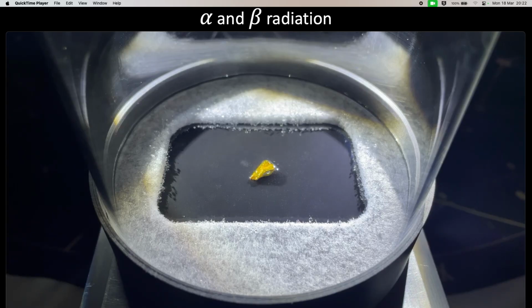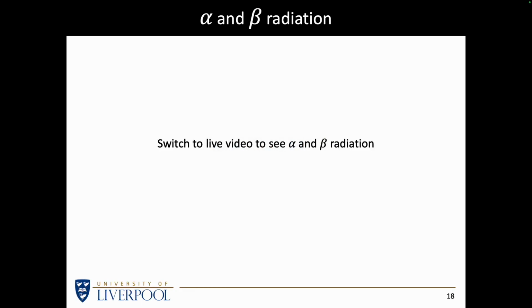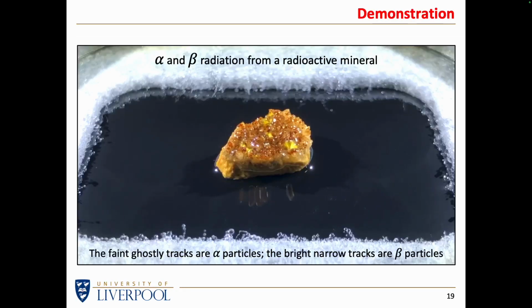And again, rather than spend all our time watching that, let me go back to PowerPoint and say this is one I prepared earlier, and again we see very narrow tracks coming from beta particles and very broad tracks coming from alpha. Whilst you're watching that, I will just take the sample out because I don't want it there for later. Okay.